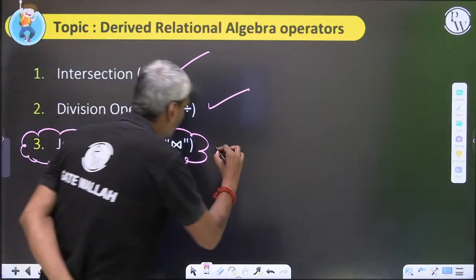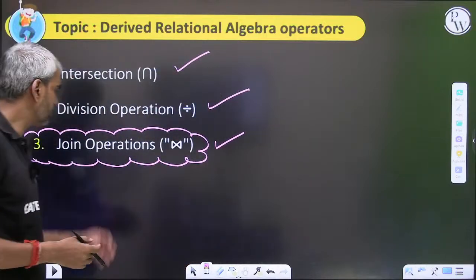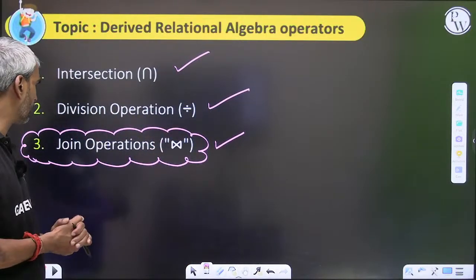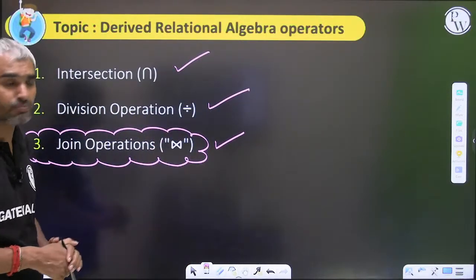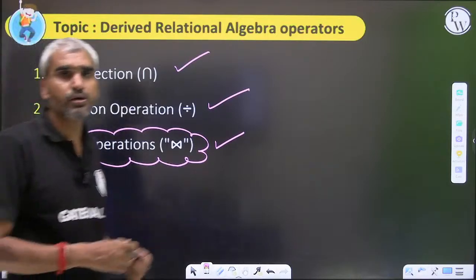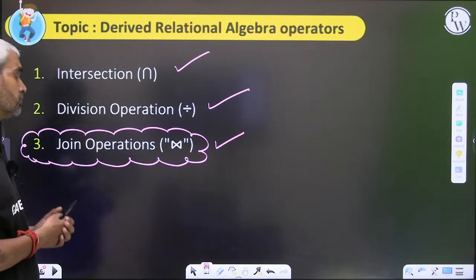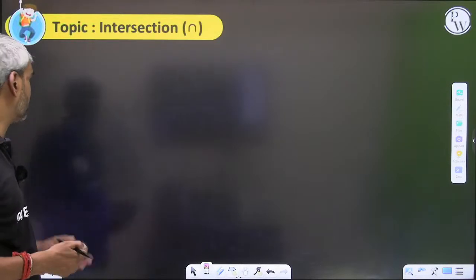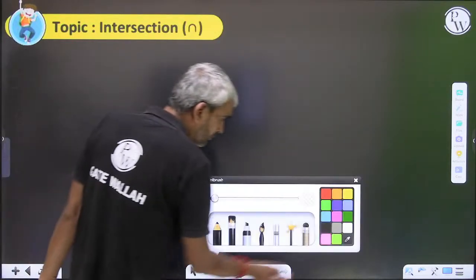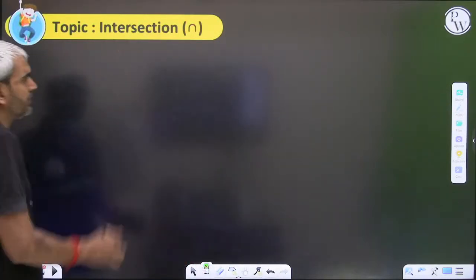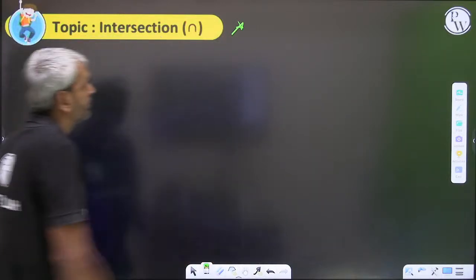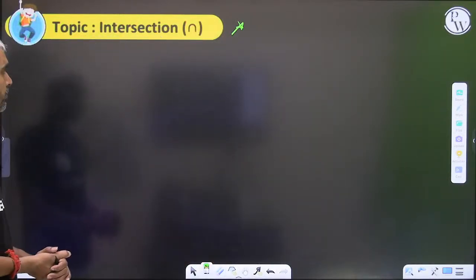Therefore, I was not in a hurry to complete this topic in today's session itself, because I know it is important. It will be good if we can spend some time to understand natural join in the join operation. So first of all, let me complete the easiest derived relational algebra operation, that is intersection.